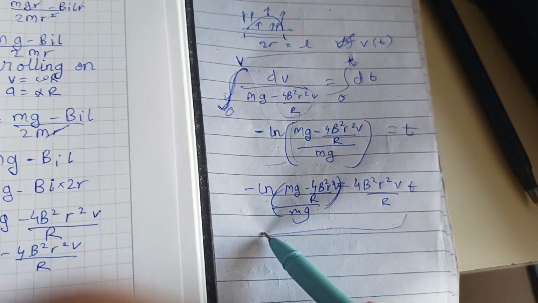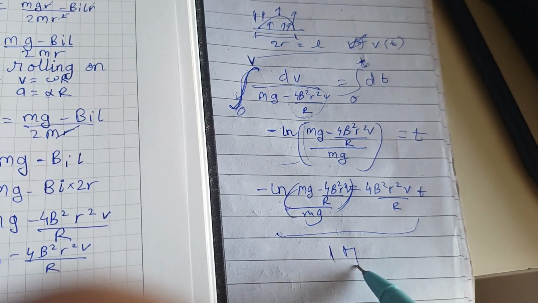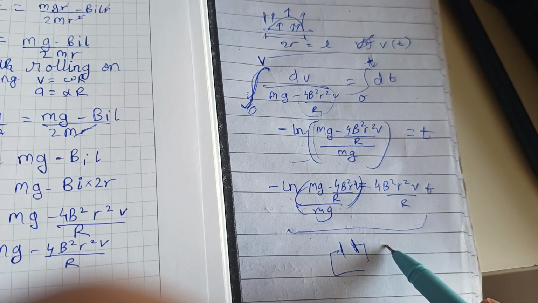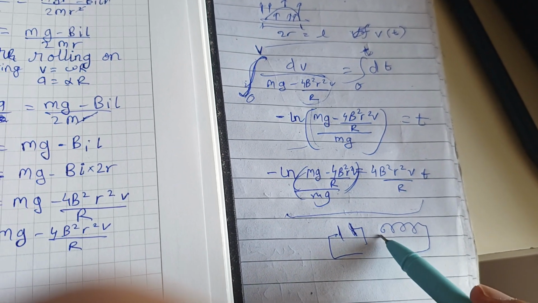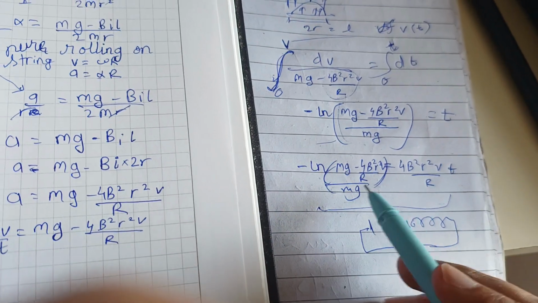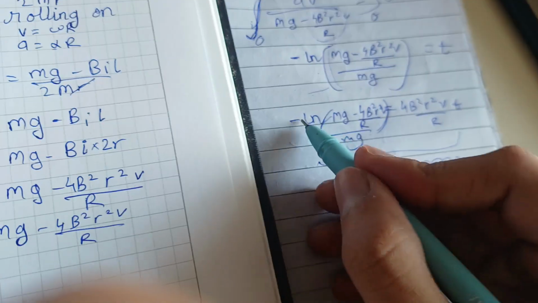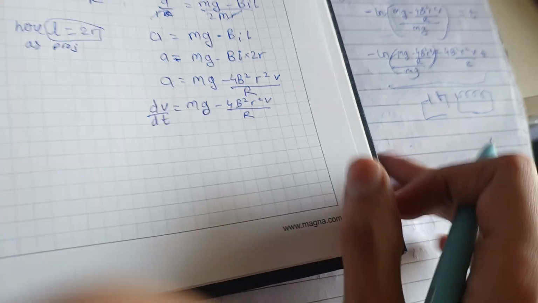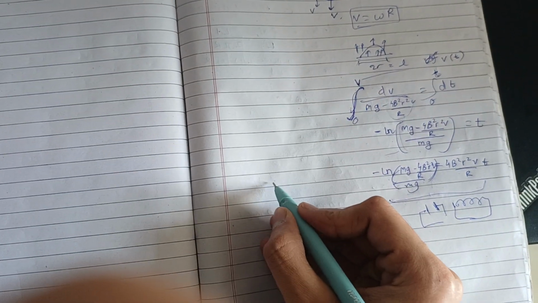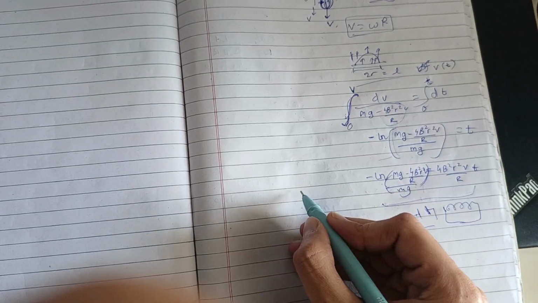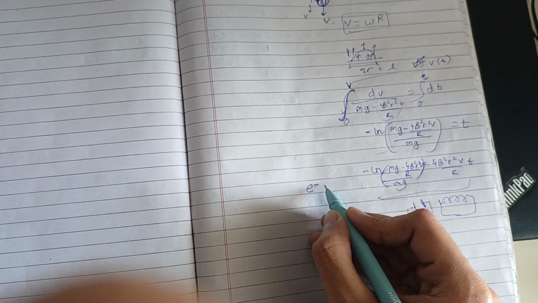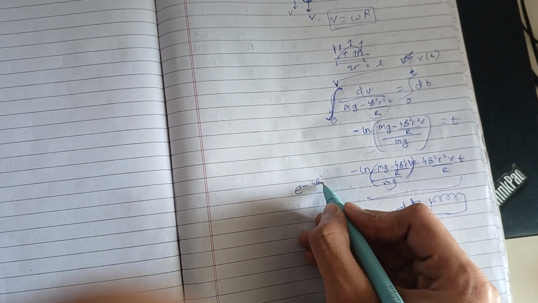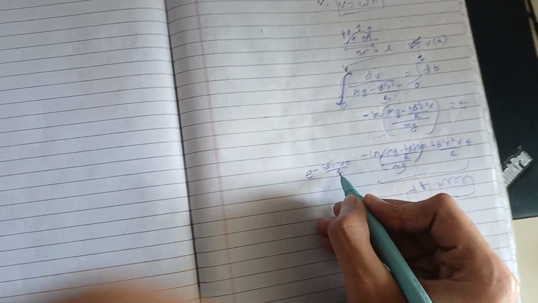It's sort of like in capacitors or in inductors, right? Because e will be there and all. So if you take this minus there and solve this, I guess you will be able to do that in your head itself. No need to visualize it so much. Let me also think about it. So mg, firstly it goes e raised to power minus 4b square r square v t by r, like this.